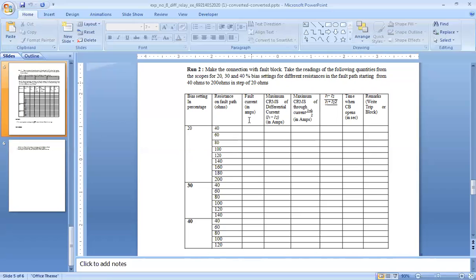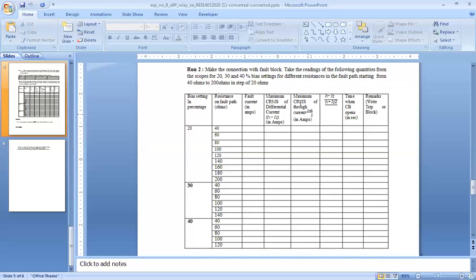Get the fault current, the maximum RMS, the continuous RMS of the differential current, which is obtained from the CRO block connected with the output of the continuous RMS block.